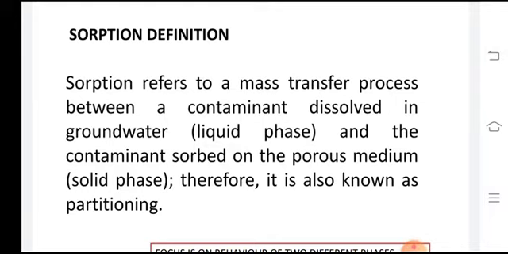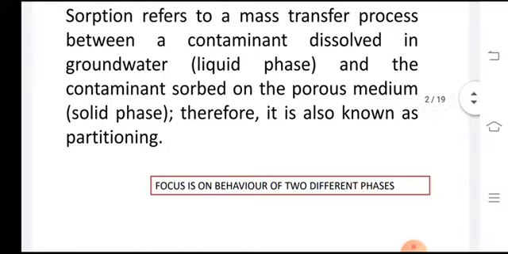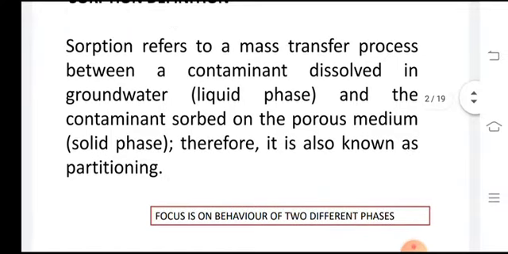Initially, it will be in the aqueous phase, then it will move to the solid phase. So this is called partitioning. We need to focus on the equilibrium, and this equilibrium is going to give us a detailed analysis of how the contaminant is traveling. Most of our equations, continuity equations, are based on this.